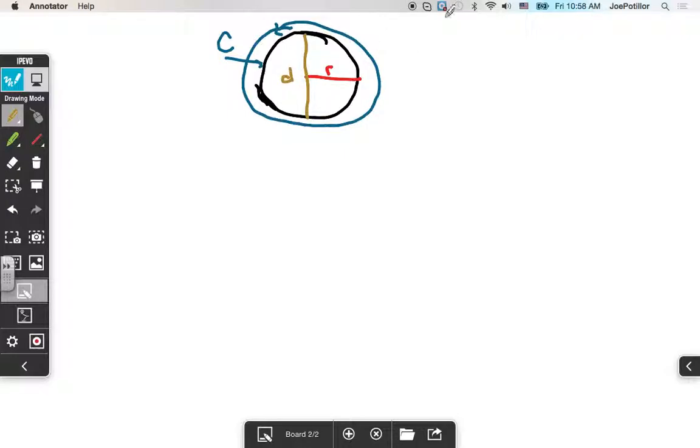And of course we know that the circumference of a circle is 2 pi r, or pi times diameter, doesn't matter.